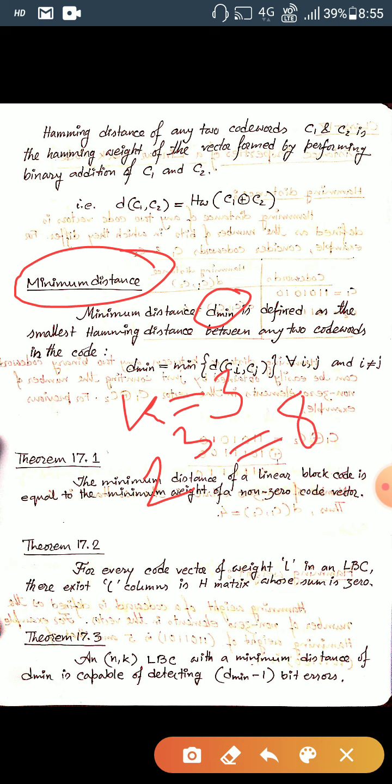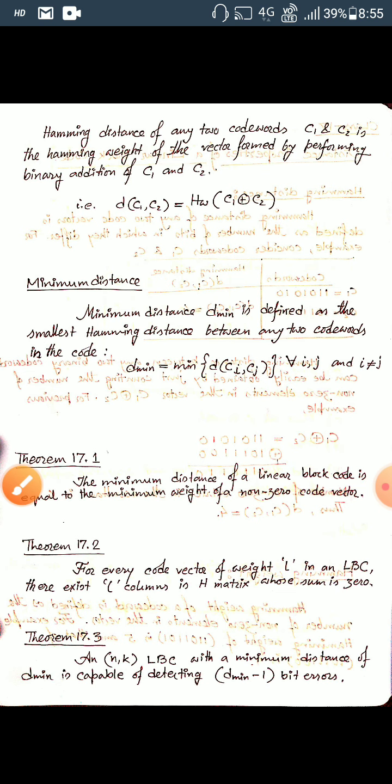For the 8 messages, the number of code words will also be 8. Individually, if you consider the pairing for these 8 messages, whichever is the minimum Hamming distance will be defined as D min.